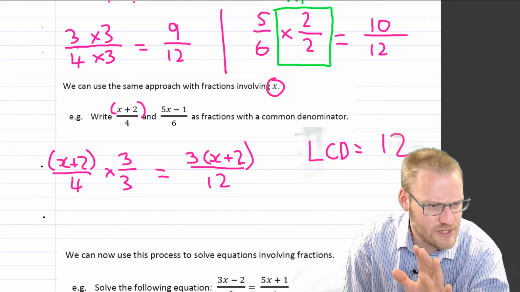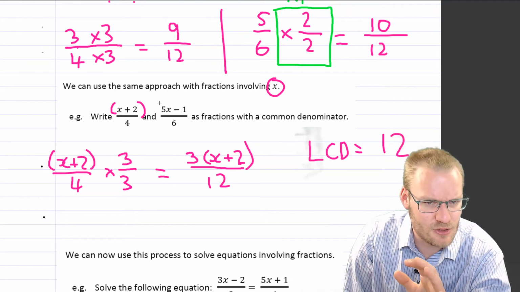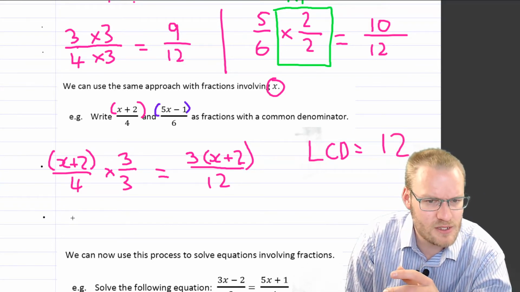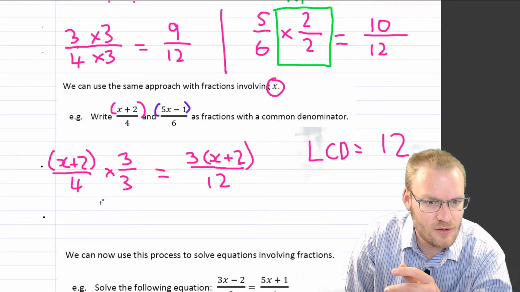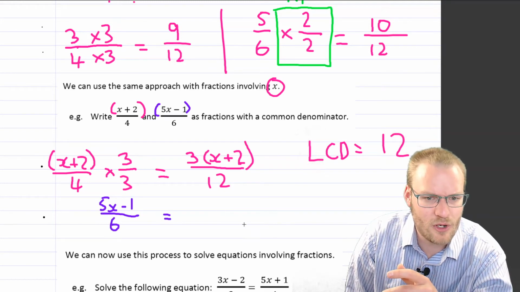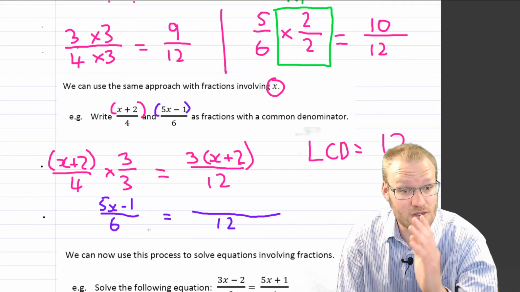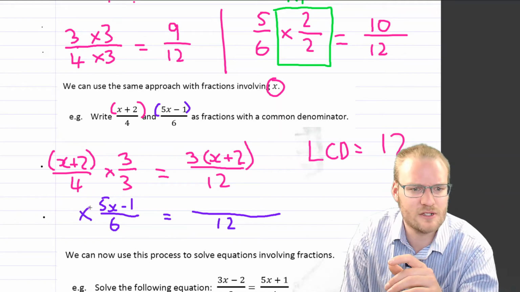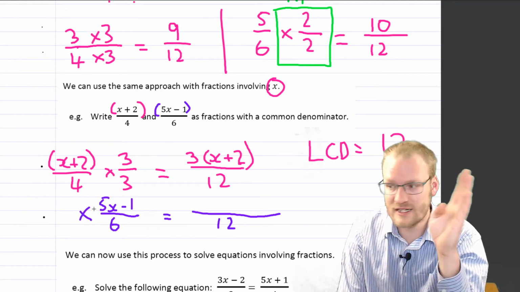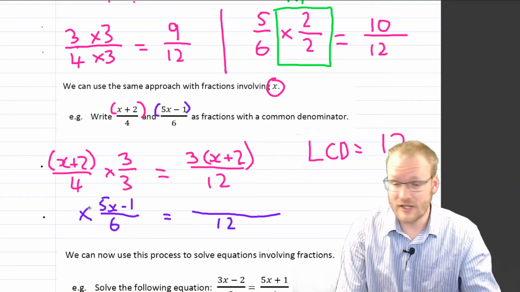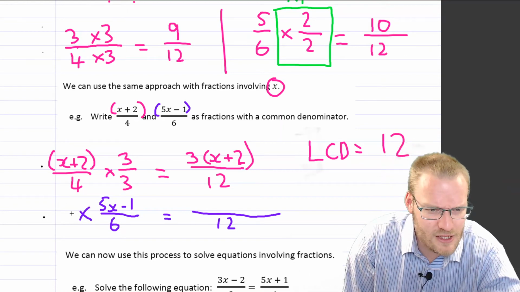So let's reinforce that with the second example to see what we're doing. We're saying we want this fraction, 5x minus 1 over 6. We want to write it as something over 12. Now I'm going to flip this around, and instead of putting that multiply by 1 on the right-hand side, let's put it on the left-hand side. So what do we need to multiply this by?